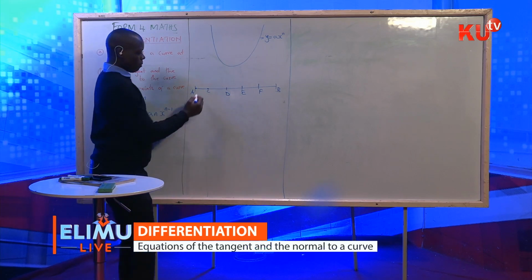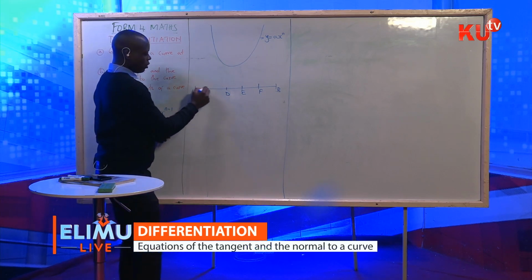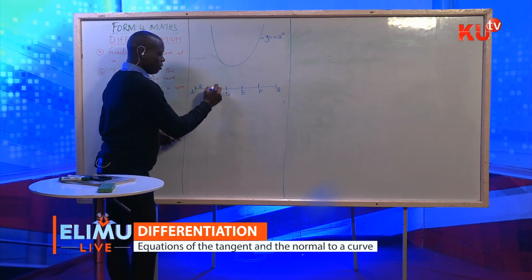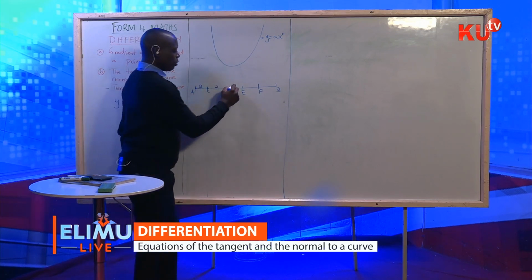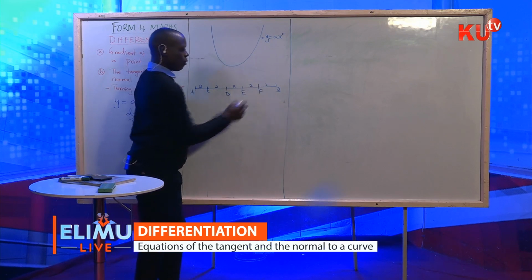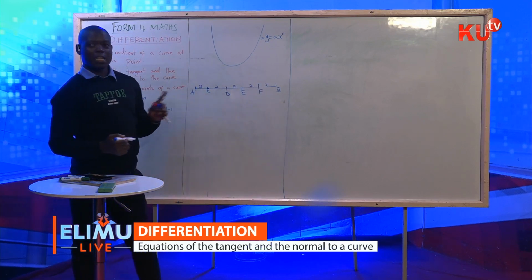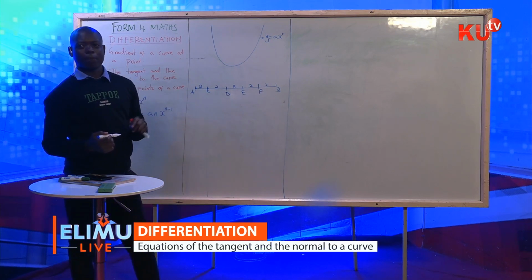What do we mean? For example, assuming the gradient between these 2 points is 2, then these 2 points will again give us 2. It will give us 2, 2, 2, because it is a straight line. Straight lines have the same gradients.